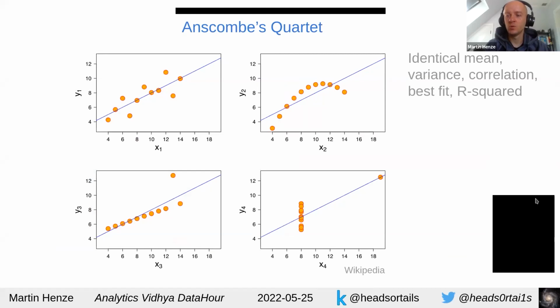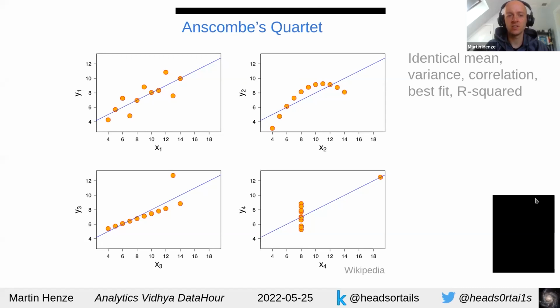So when it comes to summarizing your data through a couple of simple exploratory metrics, there is this example called Anscombe's quartet, which is very famous in statistics circles. And I think it should be famous for data scientists and machine learners as well, because it's relevant for us too. So we have these 4 different plots of tabular data, right?